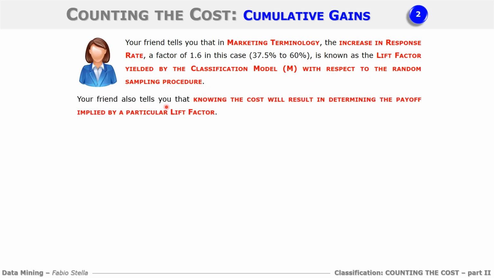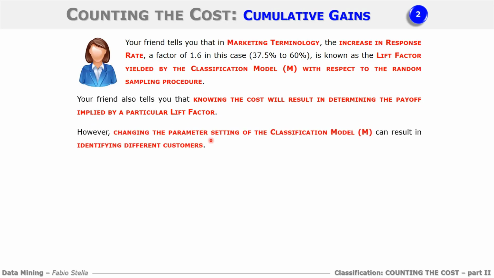Your friend also tells you that knowing the cost will result in determining the payoff implied by a particular lift factor. However, changing the parameter setting of the classification model capital M can result in identifying different customers. To better clarify this aspect, let us take into account the following situation.